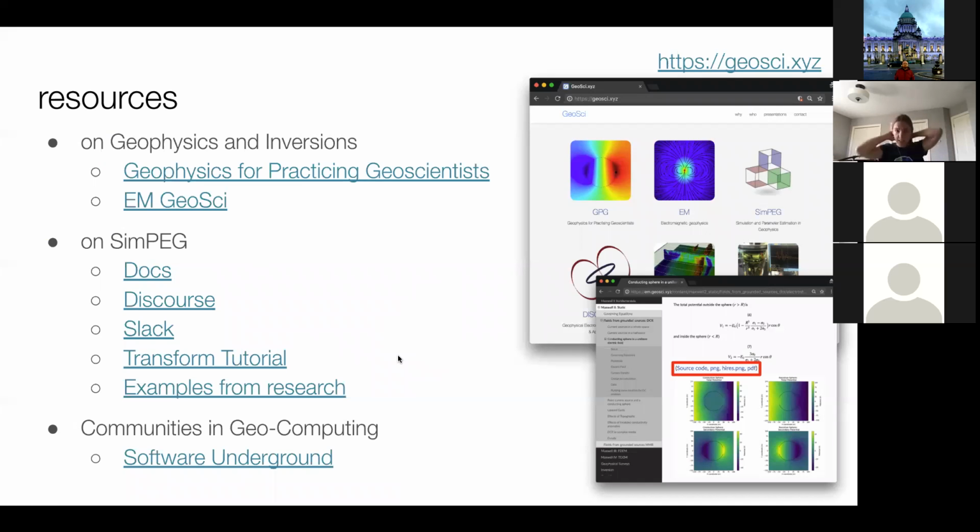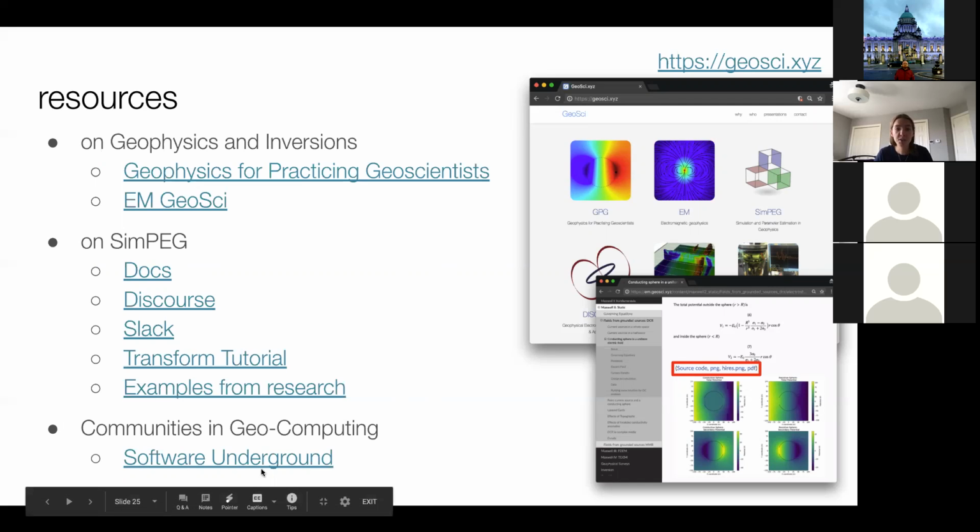We recently did a tutorial as part of the Transform conference, and it focused on DC resistivity. If you'd like to do a deeper dive into simulations and inversions with SimPEG, this is a great resource. It's a 3-hour tutorial with the associated notebooks that you can work with and invert real data in a mining context.